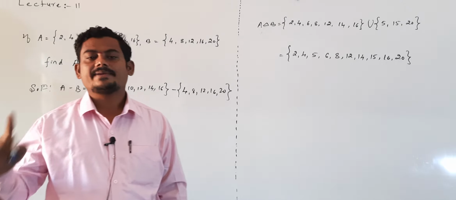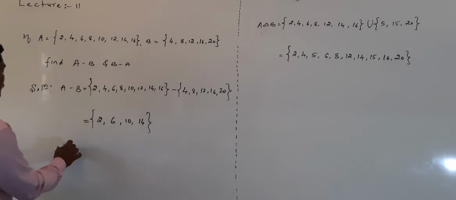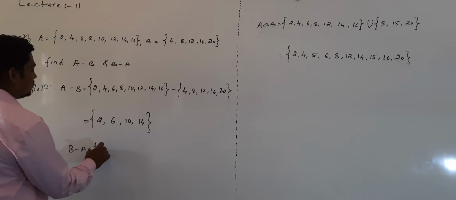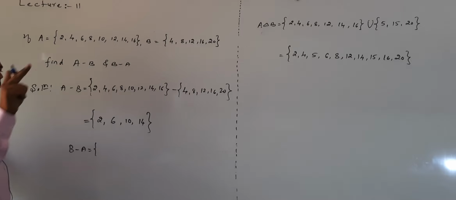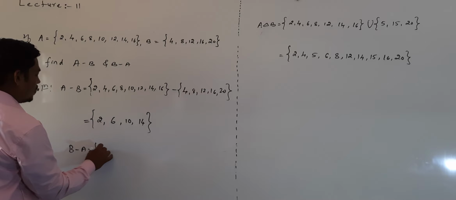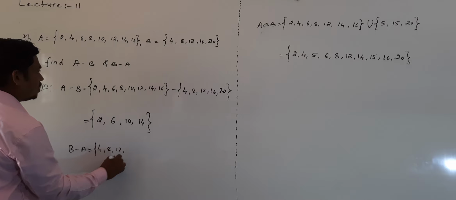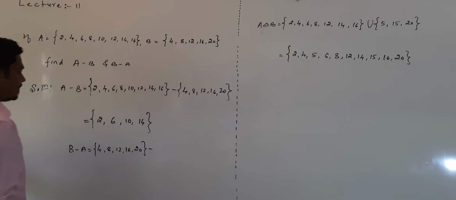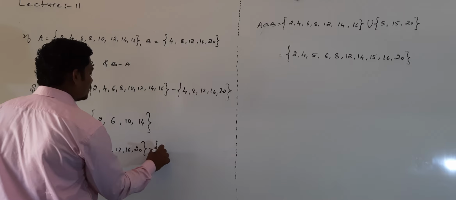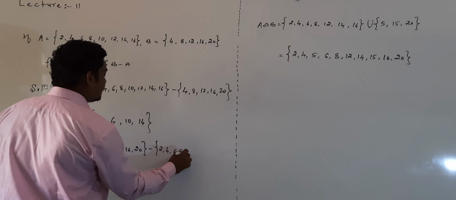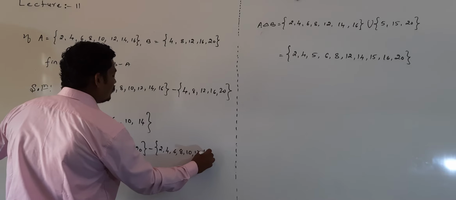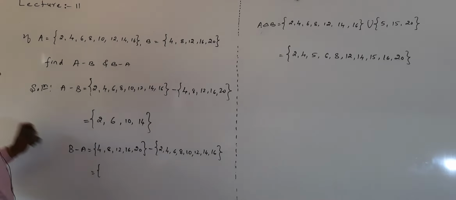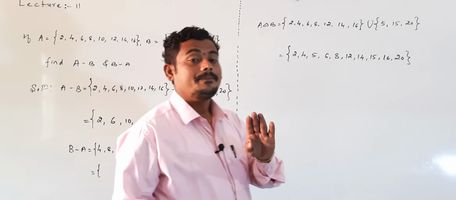A only means A but not B. After that, write B minus A. B minus A means only in B. 4, 8, 12, 16, 20 minus set A: 2, 4, 6, 8, 10, 12, 14 and 16. B minus A means write the elements in B only.